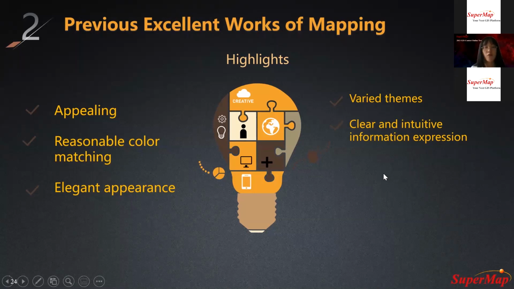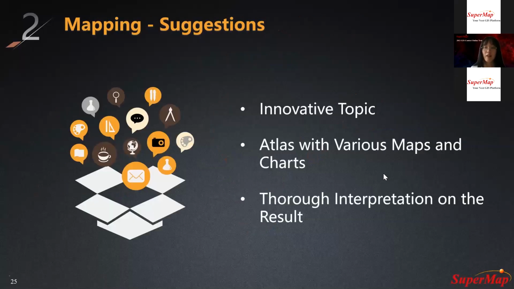And for students who choose the mapping group, we have 3 suggestions for you. First, you need to find an innovative topic for your project. And after that, you should collect enough data to make an atlas of various thematic maps, and it is better to explain your map with charts and some text.